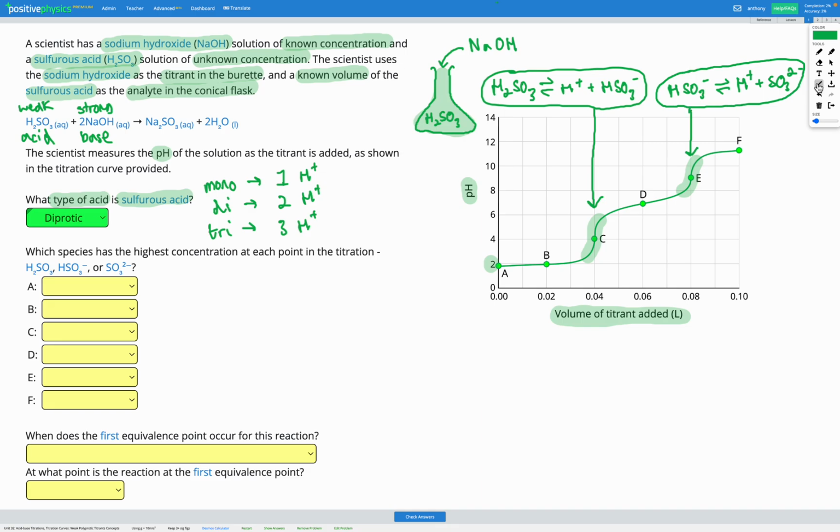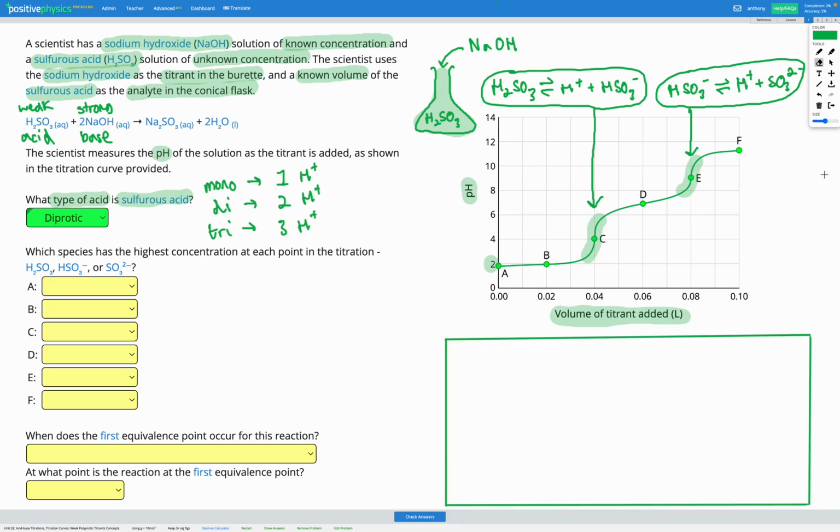So let's again draw a diagram to help us visualize what's happening. So at the start, we have our H2SO3. Since that's a weak acid, only a tiny bit of it dissociates. So I'm going to show it all as our H2SO3 on our diagram.